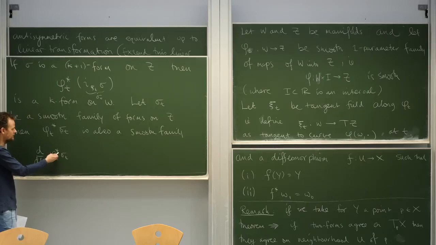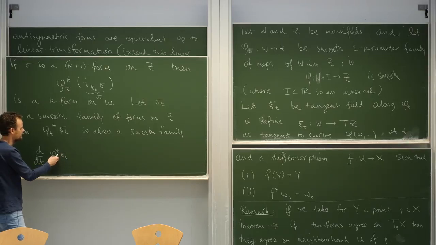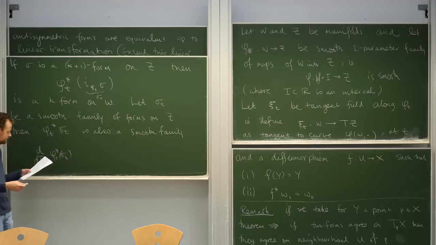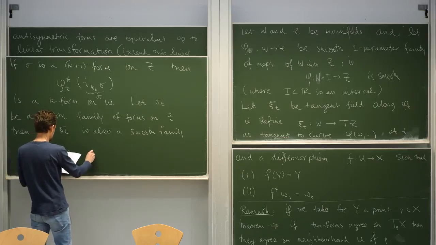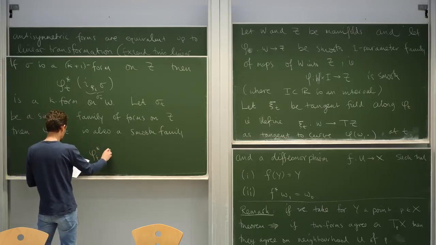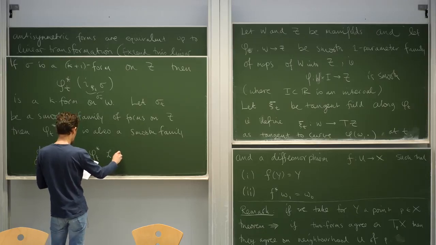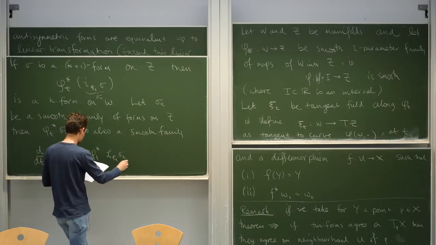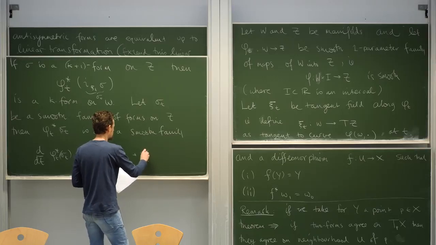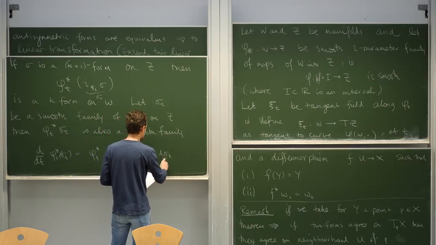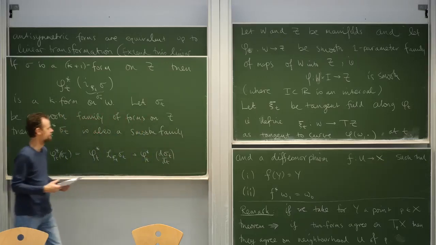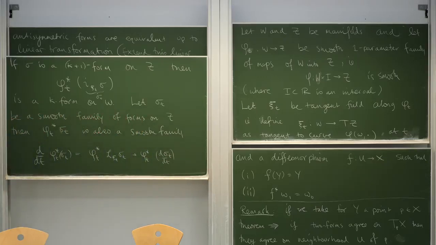When you differentiate the pullback, you get the Lie derivative coming down, and we use the Leibniz rule, sorry, the chain rule, to push this derivative through. And so if you do that, then you come up with the following equation, obeyed by this pair here.